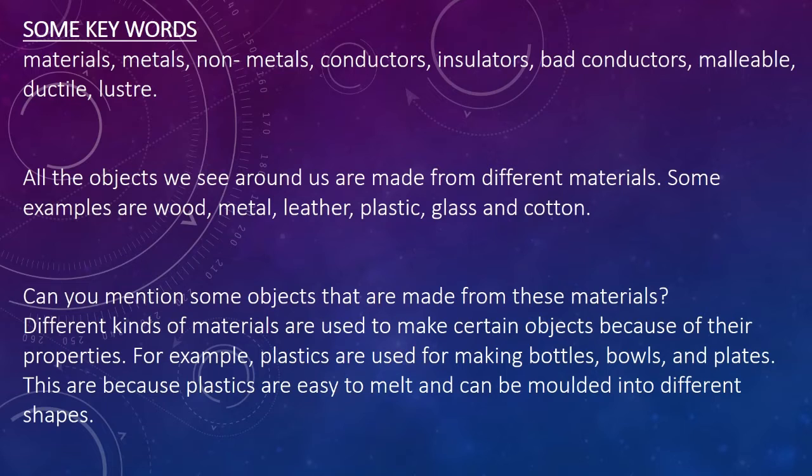Well, this is because plastics are easy to melt and can be molded into different shapes. It means all the materials have some significant properties that enable them to be used for a particular object.